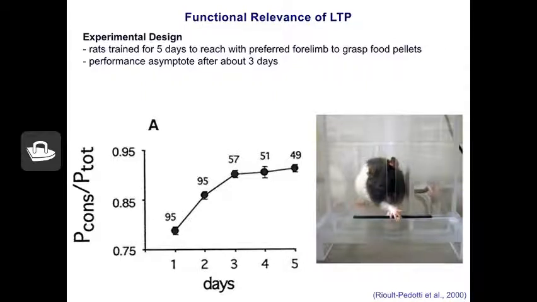So would it surprise you to know that the same is kind of true for rats? Each rat seems to have a preferred forelimb that it uses for reaching and grasping, and it's controlled by the contralateral hemisphere.